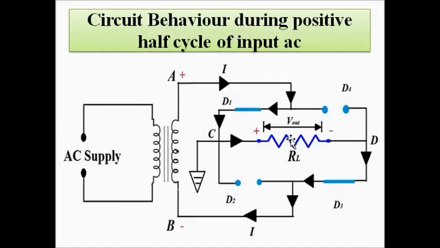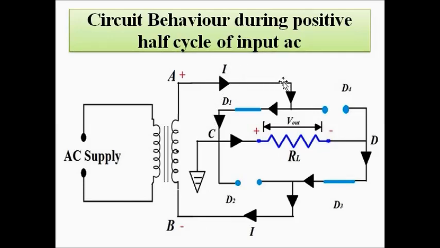So, the circuit behaves in this way. As D1 and D3 are forward biased, they behave as short circuited, and D2 and D4 are reverse biased and so they are open circuited. No current flows through them. We all know that current always flows from a higher to a lower potential, that is from positive to negative end.